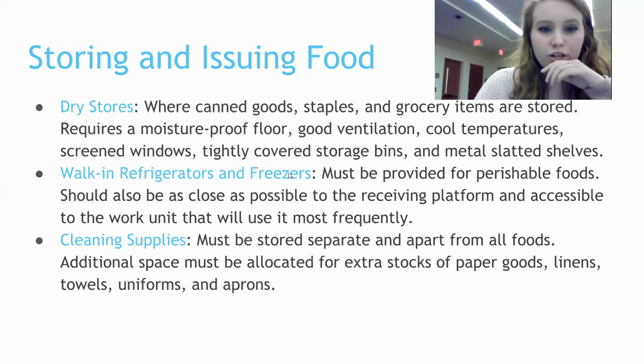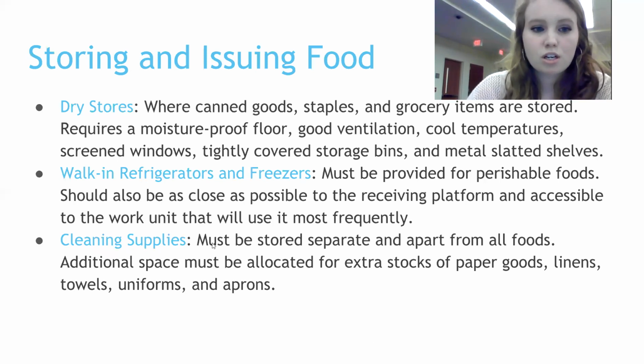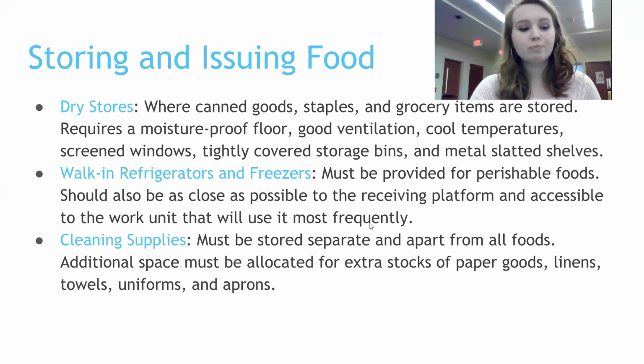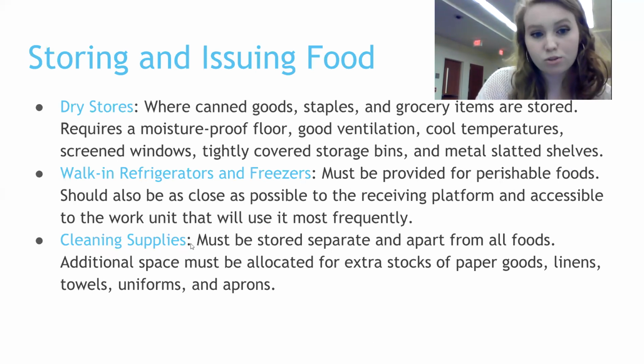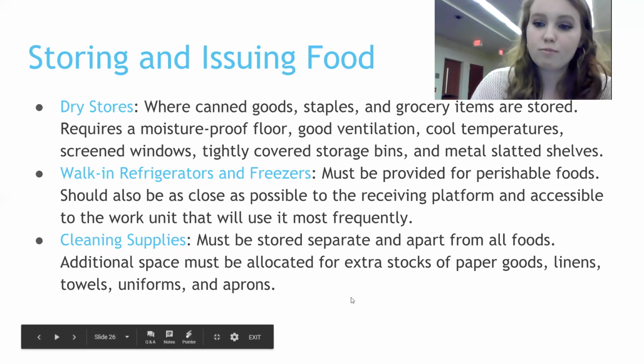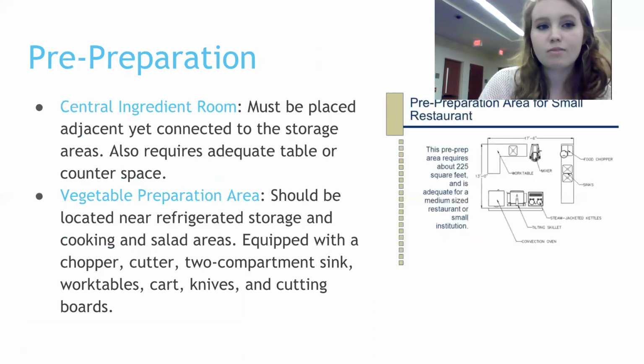The walk-in refrigerators and freezers must be provided for perishable foods, and they should also be as close as possible to the receiving platform and accessible to the work unit that will use it most frequently. The cleaning supplies must be stored separate and apart from all foods, and additional space must be allocated for extra stocks of paper goods, linens, towels, uniforms, and aprons.